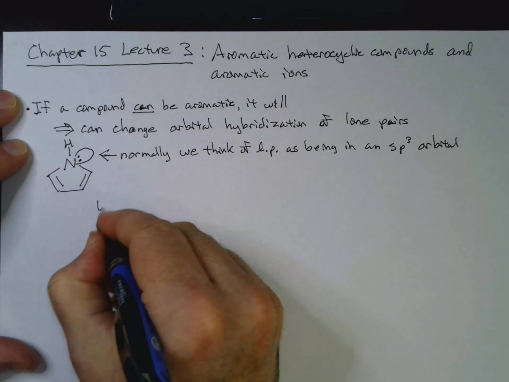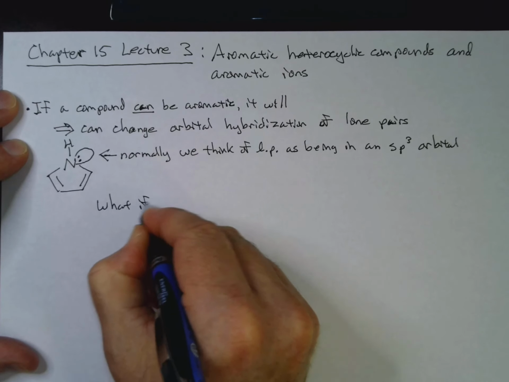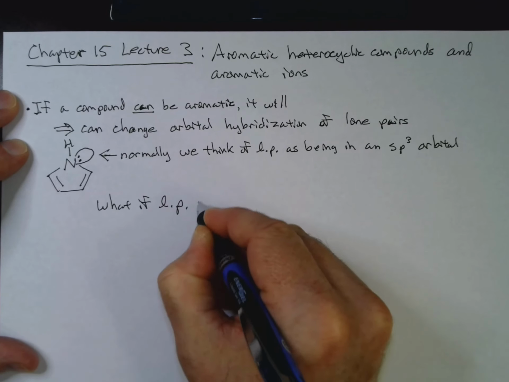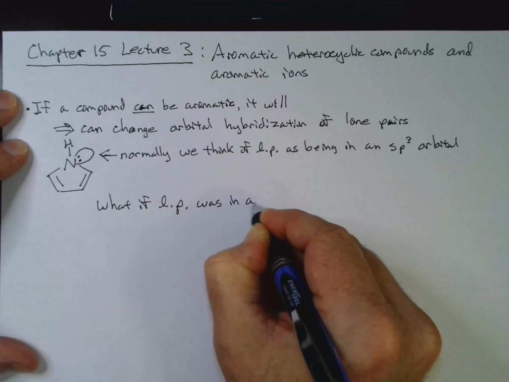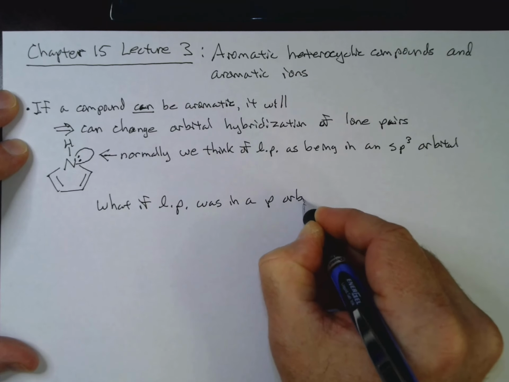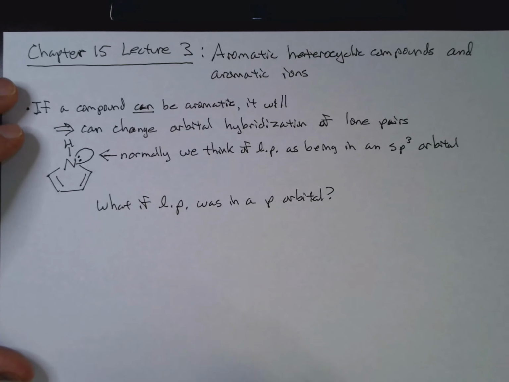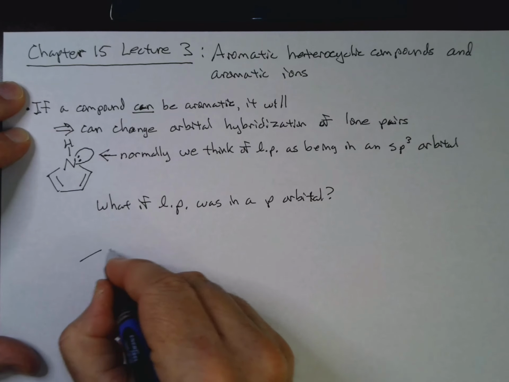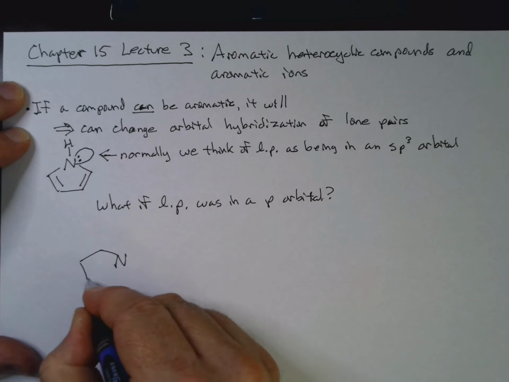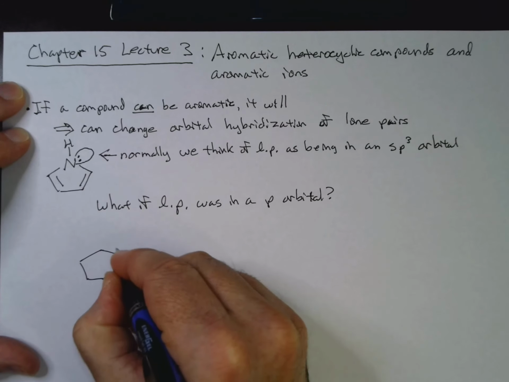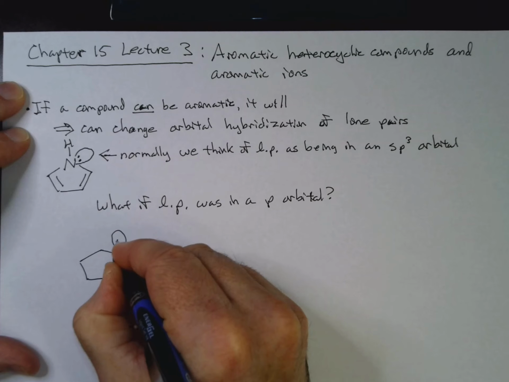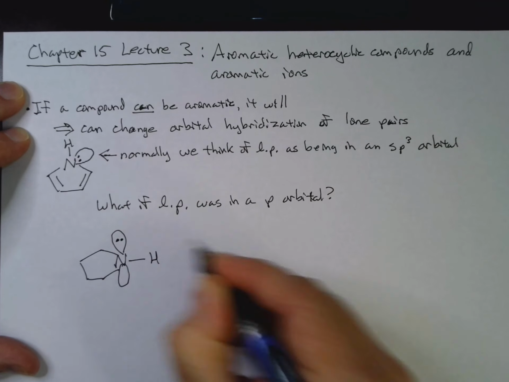But what if the lone pair was in a p orbital? So what if we had the following? What if we had our lone pair in our p orbital?